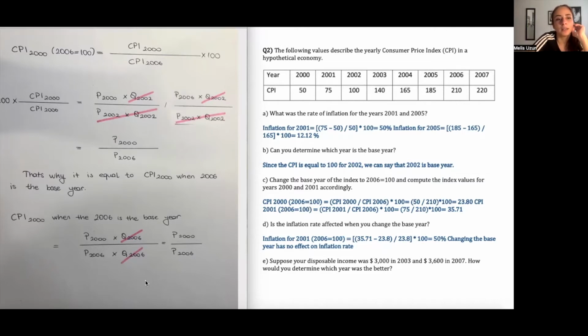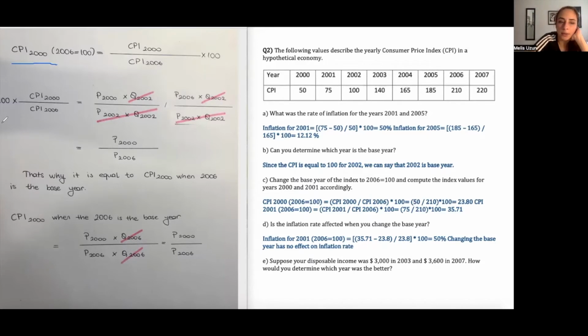So I wrote it in here to make it more clear. Let me use my pen. So when 2006 is the base year, the CPI of 2000 will be equal to CPI of 2000 when the base year is 2002, divided by CPI of 2006 when the base year is 2002, multiplied with 100.